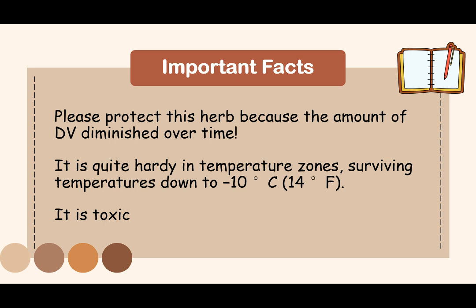And I find a very interesting point is that DV actually is toxic. But you guys remember I told you that DV can treat you if you are bitten by snakes. It can treat the toxicity from snakes, although it is toxic.